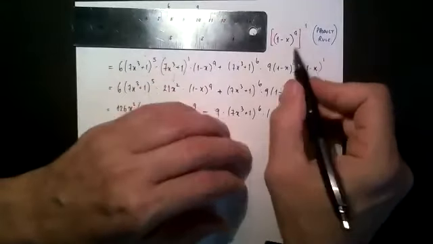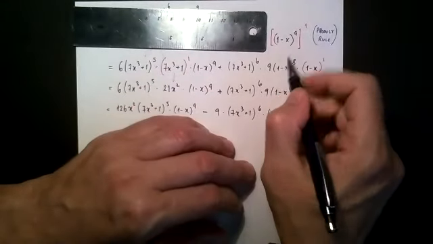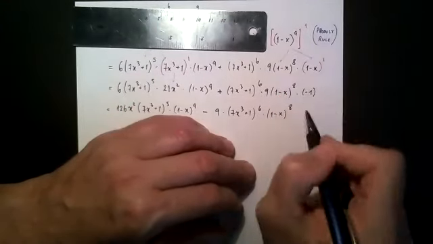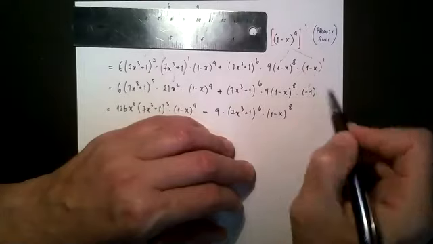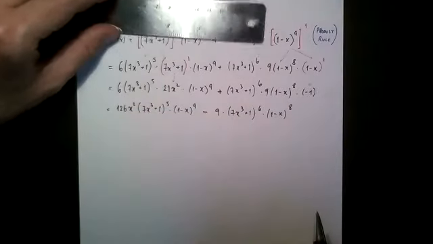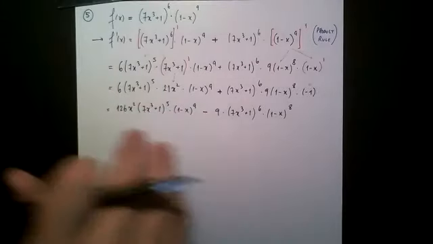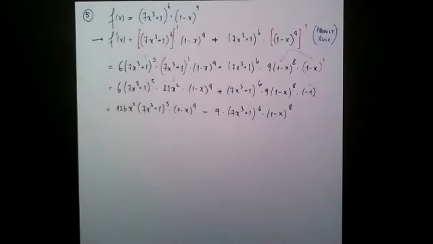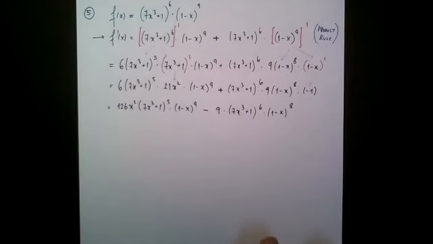When I do the derivative, I get that times the derivative of the inside, and the derivative of the inside is -1. Is it clear? Anybody else have questions?